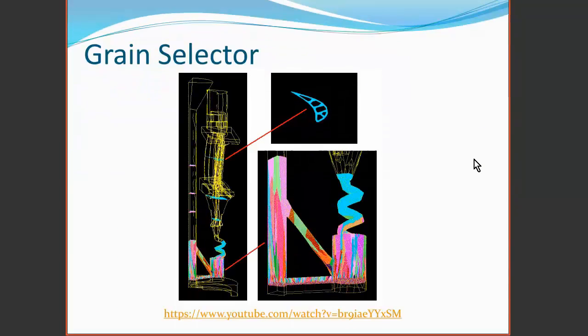One further advance of this is to actually select, using a tube such as this, just one crystal from the columnar grains that are growing in the base that will seed the solidification of the rest of the turbine blade to result in a single crystal turbine blade.